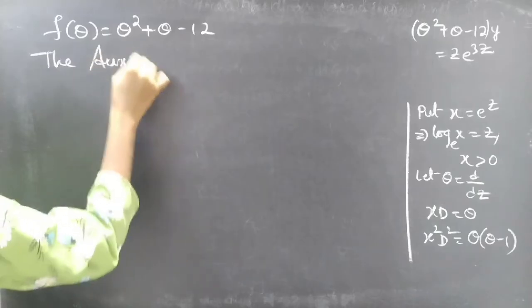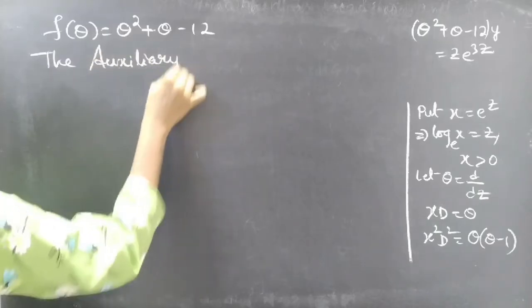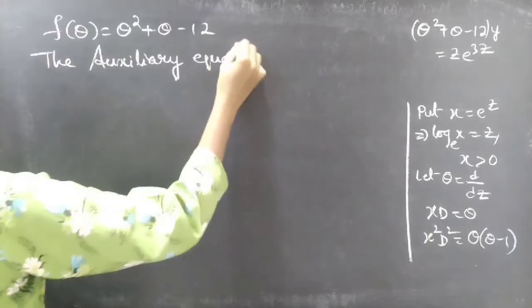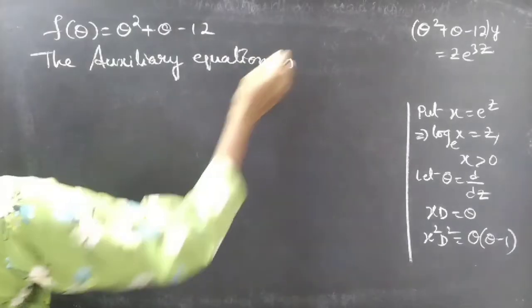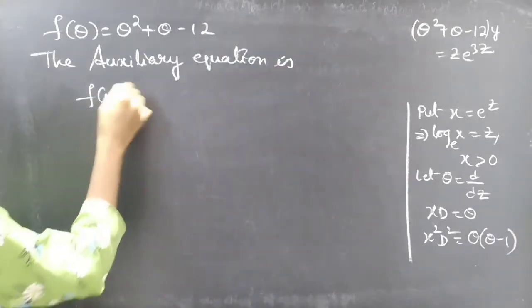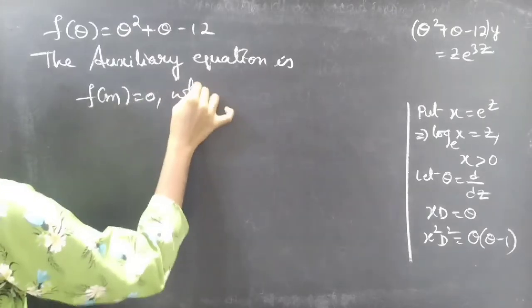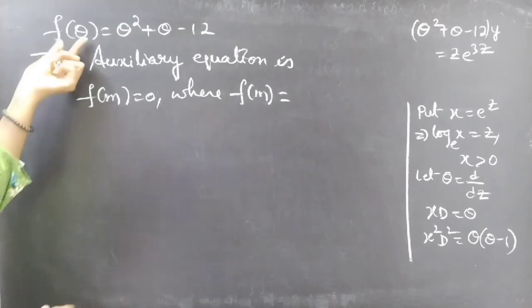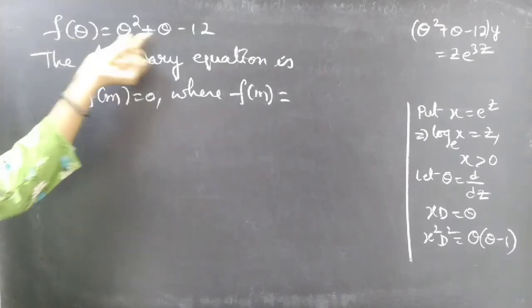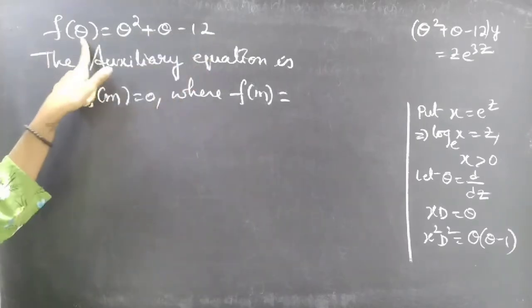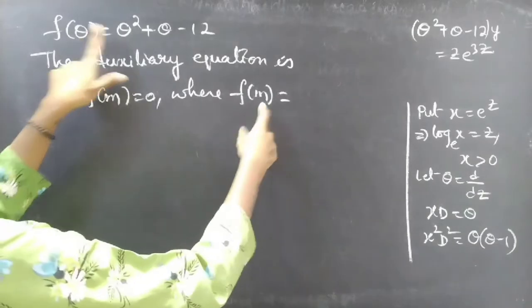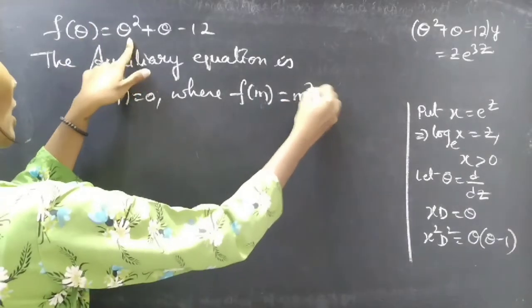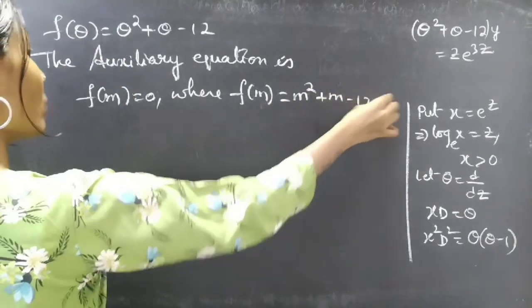The auxiliary equation is F of m = 0, where F of m = theta square + theta - 12. Let's replace the differential operator theta by m, so that we get F of m = m square + m - 12.